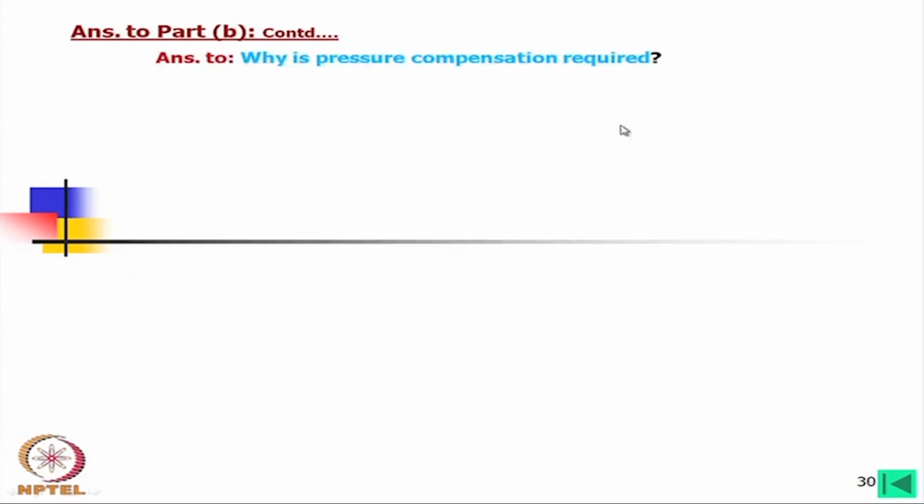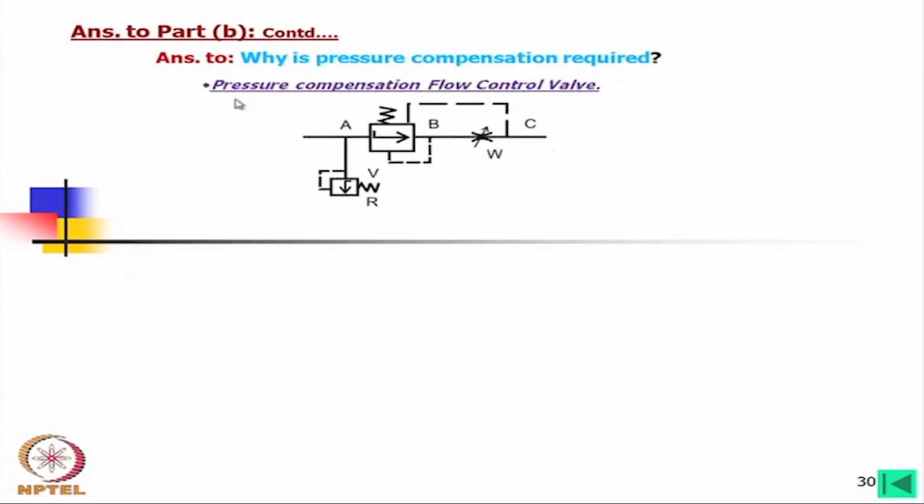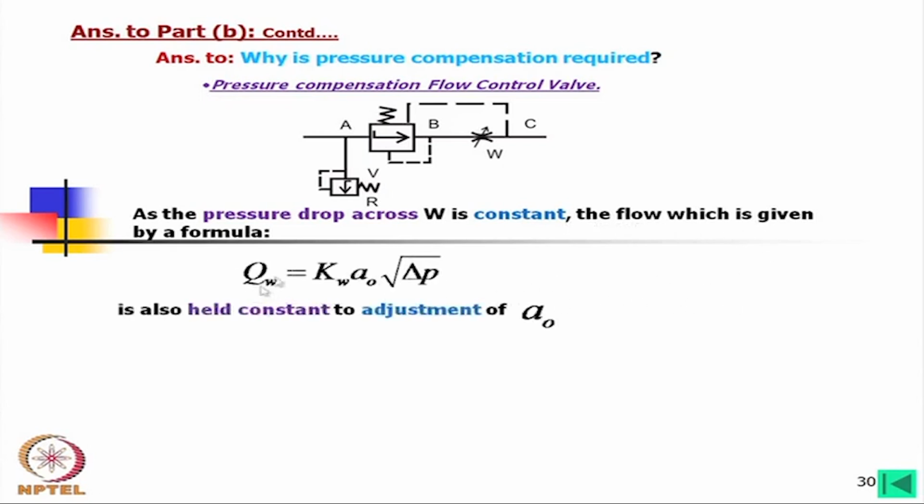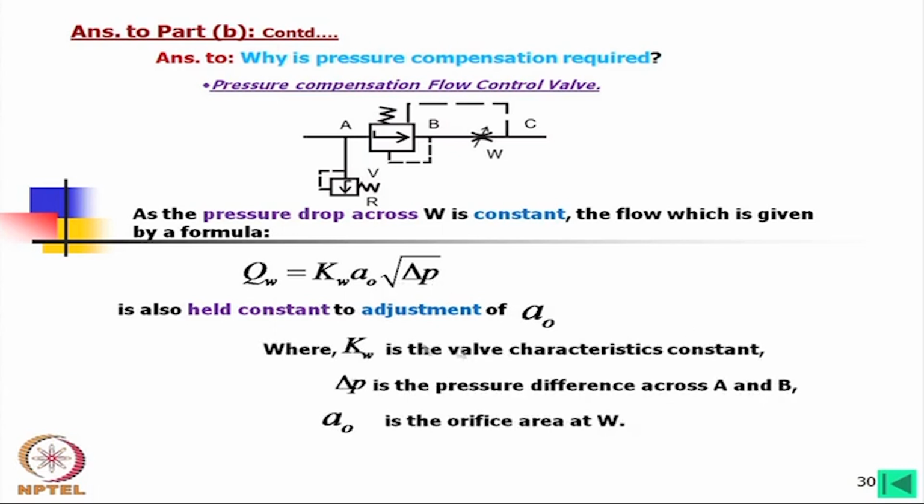Why is pressure compensation required? Now, in the pressure compensated flow control valve, which we have already discussed, the pressure drop across W is constant. To maintain this constant, we need pressure compensation. The flow is given by the formula Qw = Kw A0 √(del P), where Kw is the valve characteristic constant, del P is the pressure difference and A0 is the orifice area.